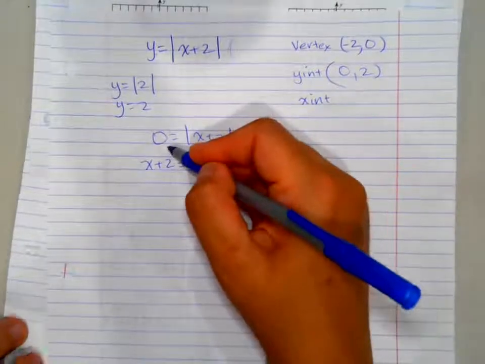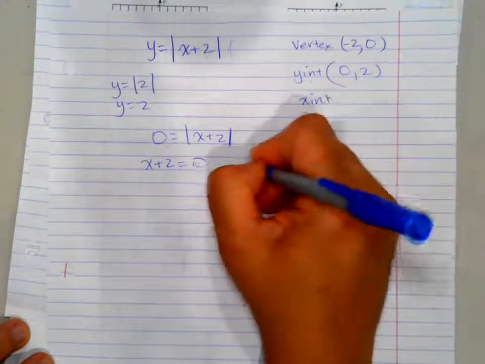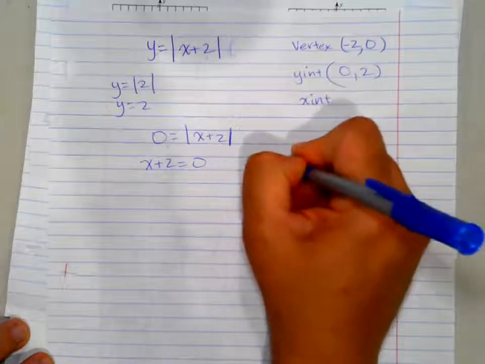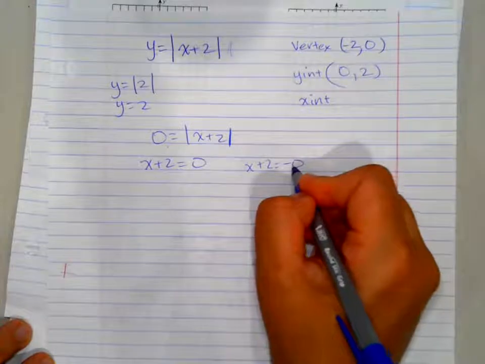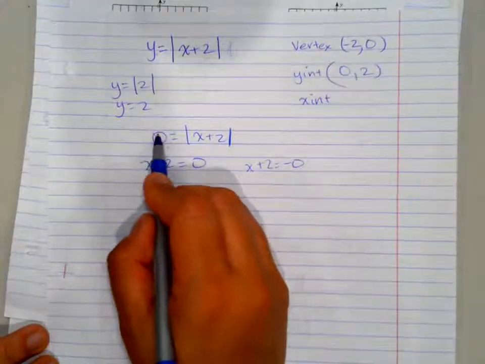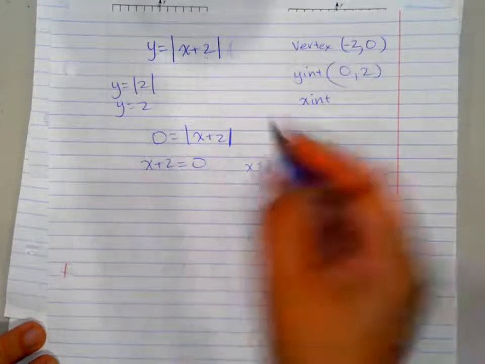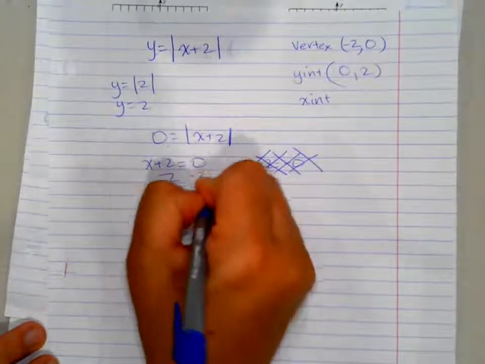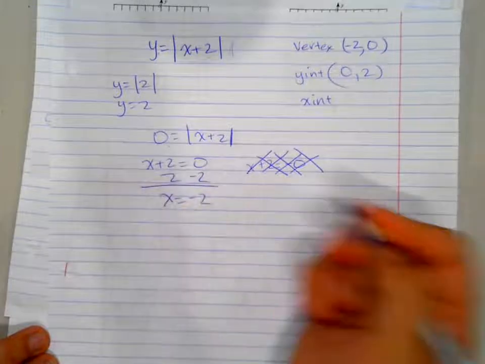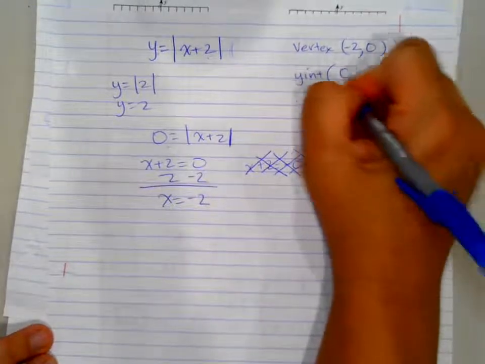There's no such thing as negative 0. So this equation right here, that doesn't exist. Okay. We don't have a negative 0. So when it's equal to 0 like this, you're only going to get one solution. Okay, and that's going to be negative 2, x equals negative 2. My x-intercept's at negative 2, 0.